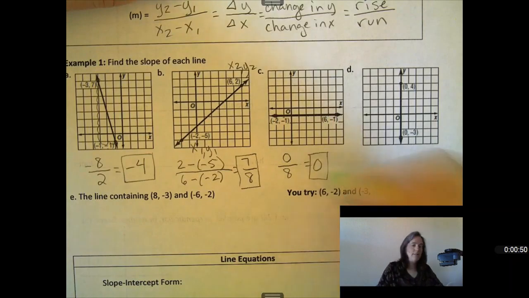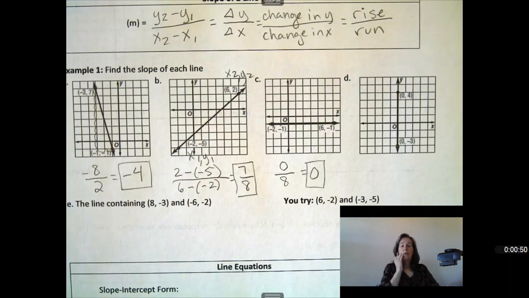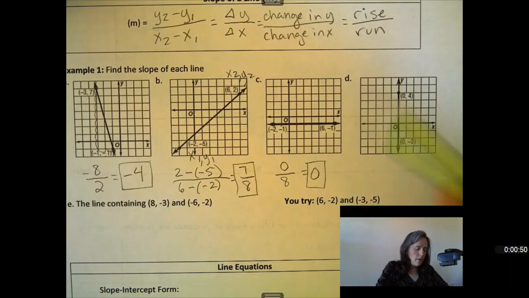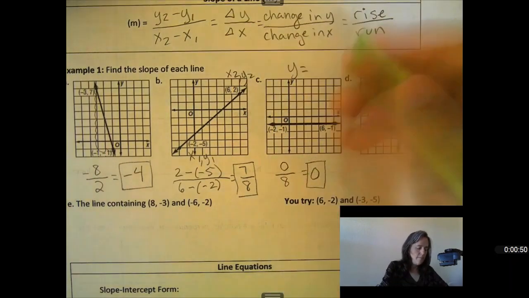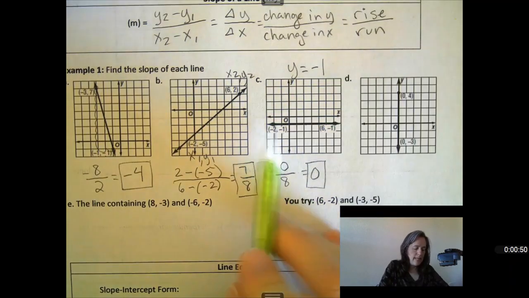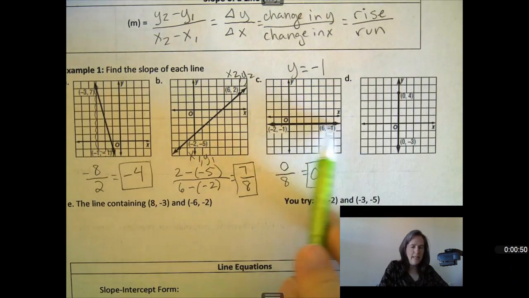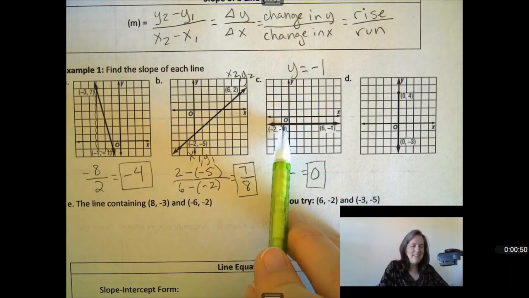And I wanted to talk to you about the equation for that line also, because we're also looking at equations today. We would just call this y equals, and then we look to see all the y's in these points are -1. And that's where the line is. It's where y is -1. X's don't matter.